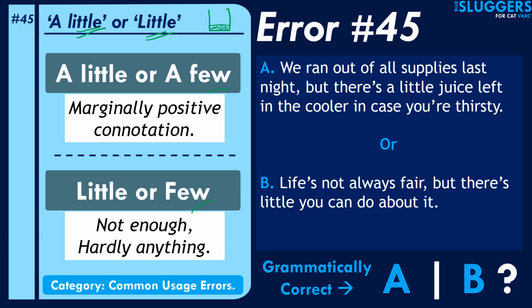When you say there's a little water in the glass, and even when you say there's little water, the amount of water is less. The only difference in both cases is the perspective you take. Do you take a slightly positive perspective? In that case, you'd say there's a little water left. If you take a more pessimistic view, then you might say there's little water left.